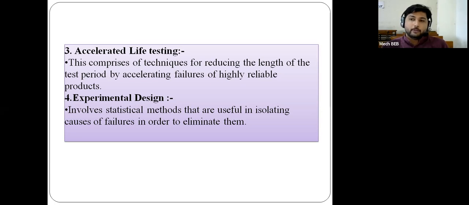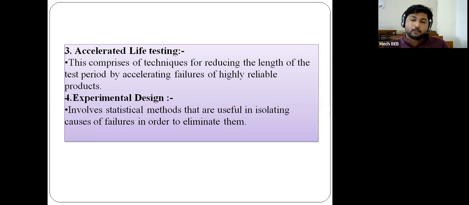Then experimental design. Like we are performing analysis, simulation type of analysis, providing various conditions to the product, and trying to understand the different failure modes of that product. Or we are calculating, like in a design calculation, machine design or manufacturing design, the different failure modes are there, and what are their formulas.